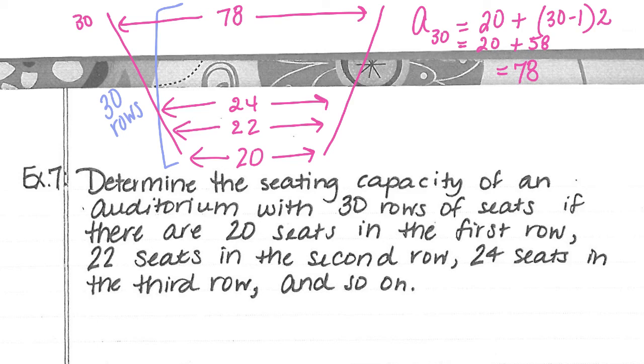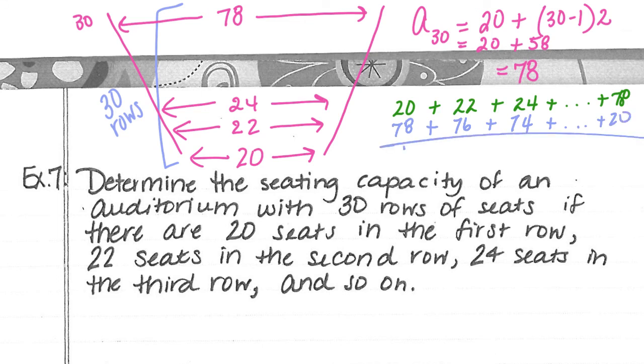So now I'm adding numbers from 20 to 78. Let's write this out because this is going to look funny. 20, 22, 24, all the way to 78. Now remember, we could flip those around. 76, 74, all the way to 20.